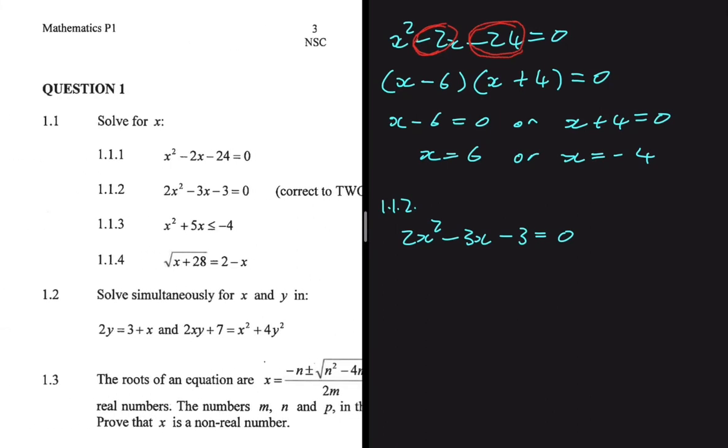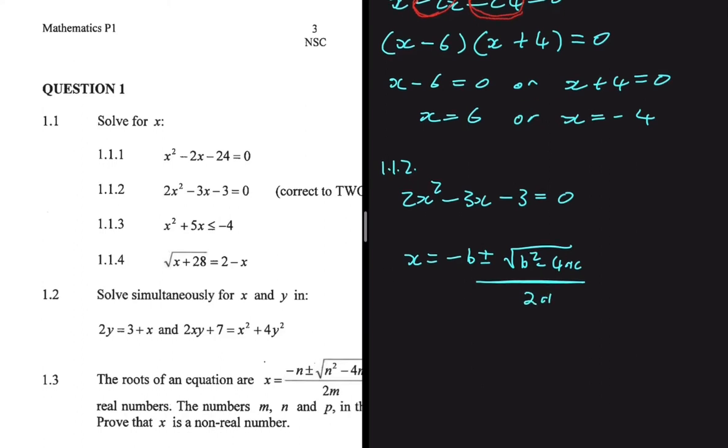As soon as we see that, we know fully well that we're going to use the quadratic formula, that is x is equal to minus b plus or minus the square root of b squared minus 4ac, everything divided by 2a, right? And then from our equation here, we know fully well that the coefficient of x squared is a, right? The coefficient of x is b, and this term here is going to be our c, right?